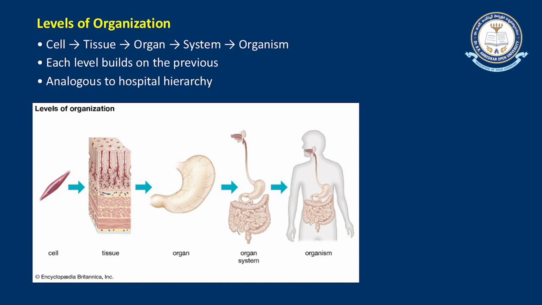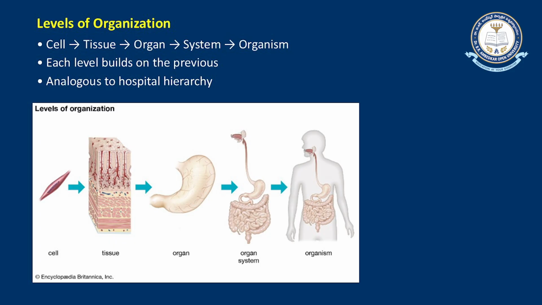Now the levels of organization. We have the basic cell as the basic unit of life. Multiple cells put together form tissues, and many tissues together will form an organ, like a stomach in this example, and the stomach and the other organs together form the organ system, or digestive system, for example.